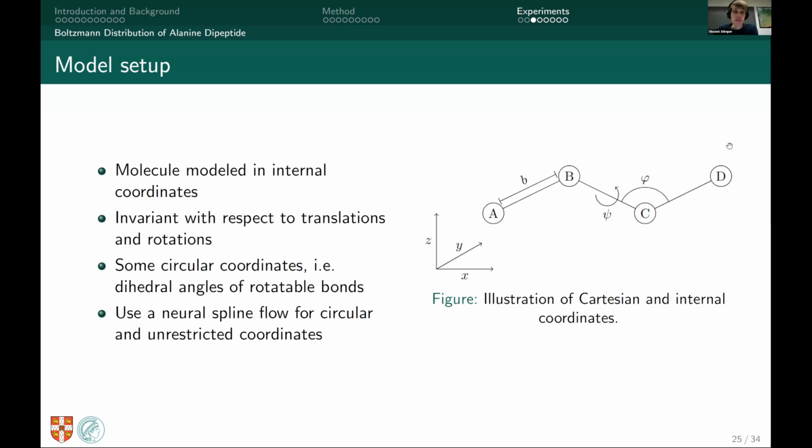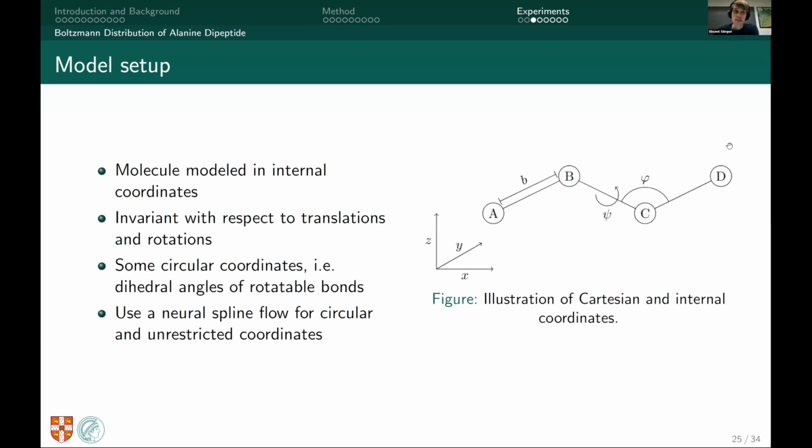Some of those coordinates will be periodic, circular coordinates, obviously, which we need to treat in a proper way. I already mentioned earlier that those kinds of coordinates live on a special manifold, such as a torus. Therefore we need a flow which can handle all those coordinates.